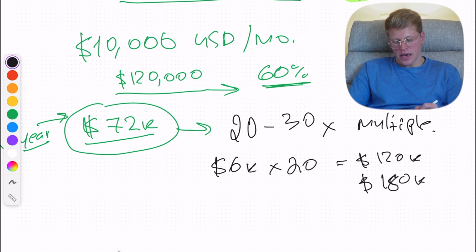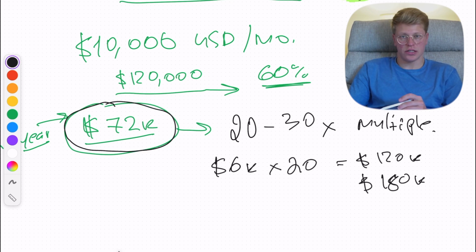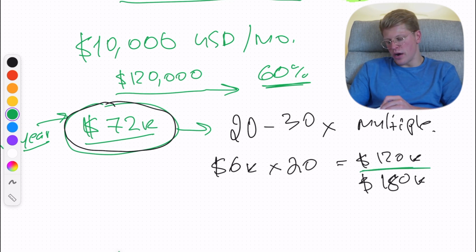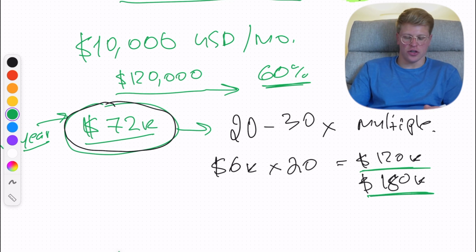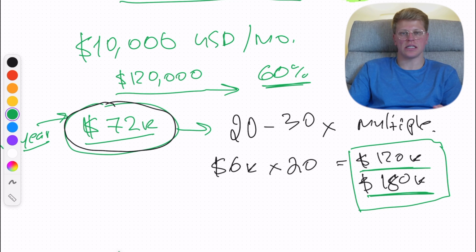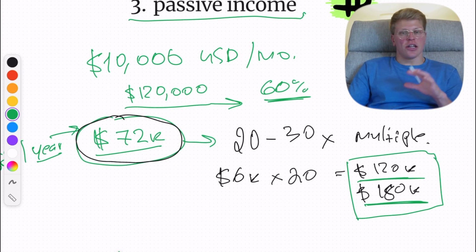So if your business generates $72,000 profit per year, you can sell your business anywhere from $120,000 to $180,000 as an exit. Okay. Of course, if you're generating more, there is a lot more to it.